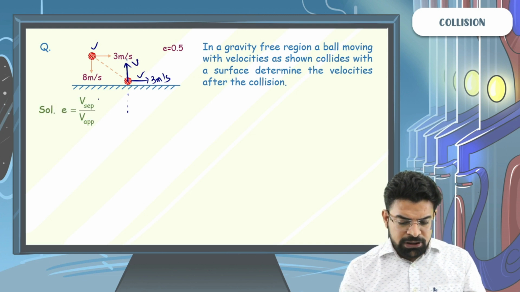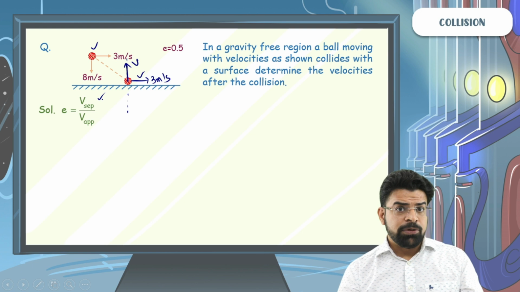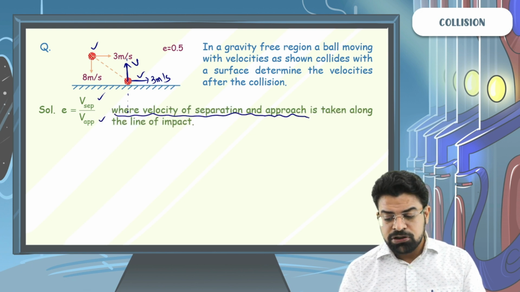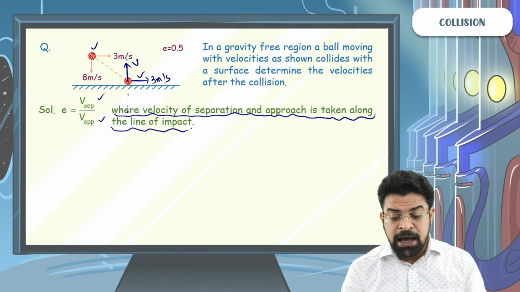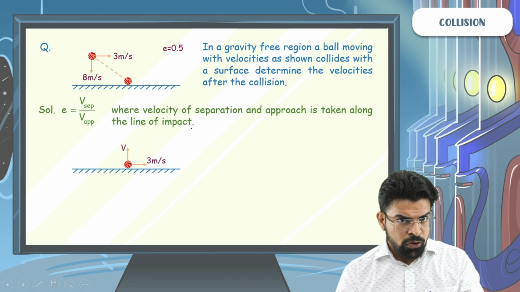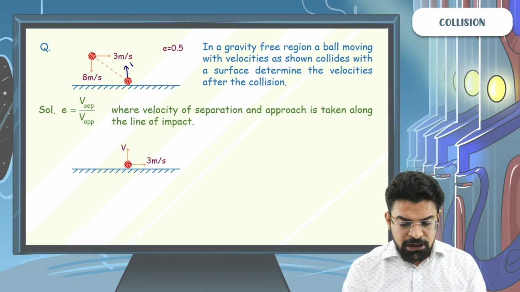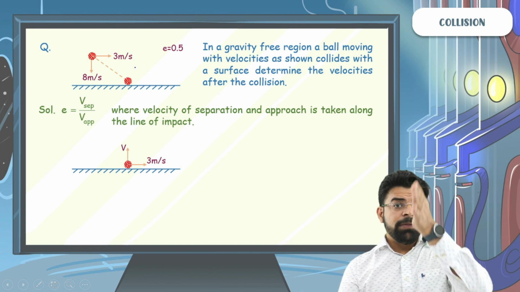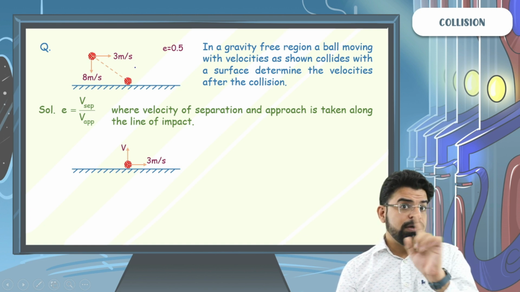So we know that coefficient of restitution is velocity of separation upon velocity of approach, where velocity of separation and velocity of approach are taken along the line of impact. Now assume that after collision, the ball has a vertically upward velocity v and the horizontal velocity of 3. Because the line of impact is vertical, the horizontal velocity won't change.